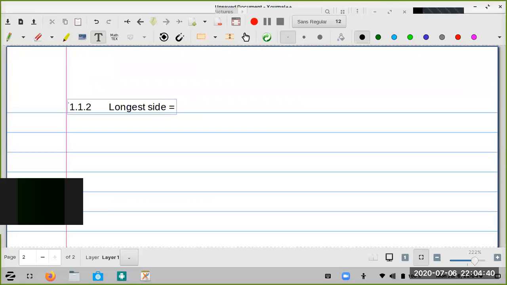We have XY, which is 2.5 meters, YZ 1.6 meters, XZ 2 meters. So it means the longest is 2.5 meters, which is XY.